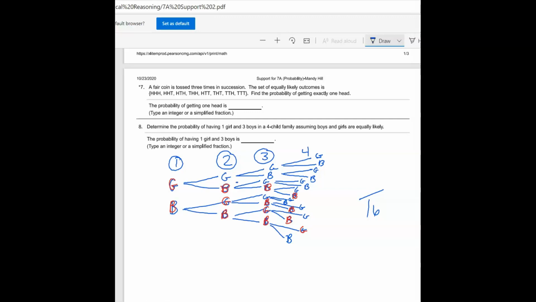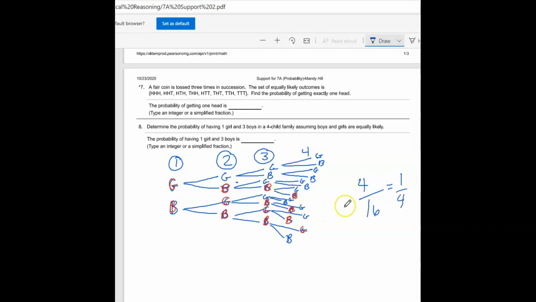So at the end, this row had one girl and all boys. This one has one girl and all boys. This one also has one girl and all boys. So does this one. So we've got 4 out of 16, which reduces to 1/4.